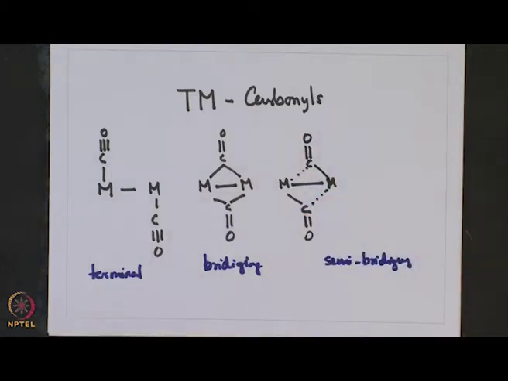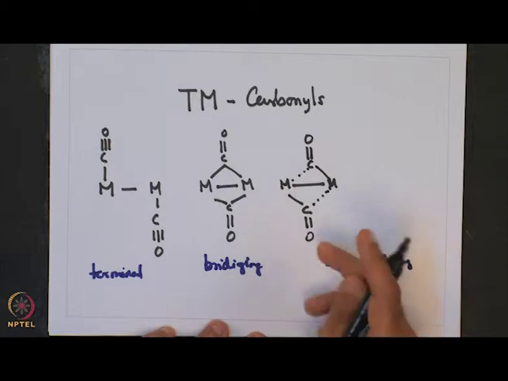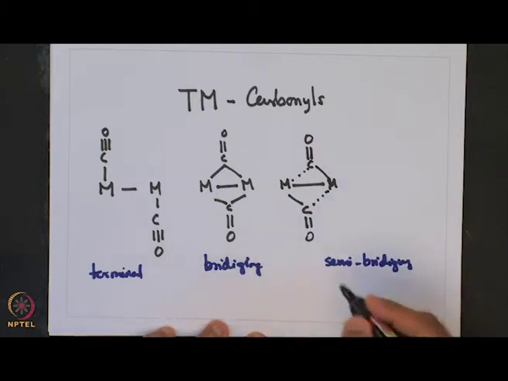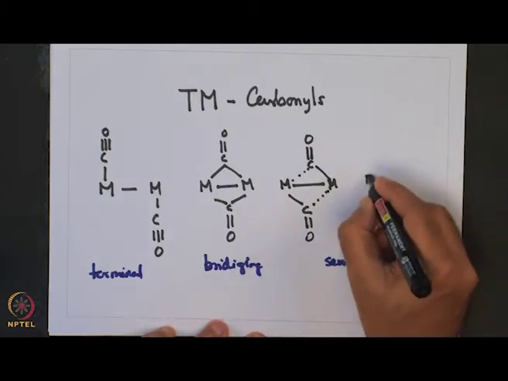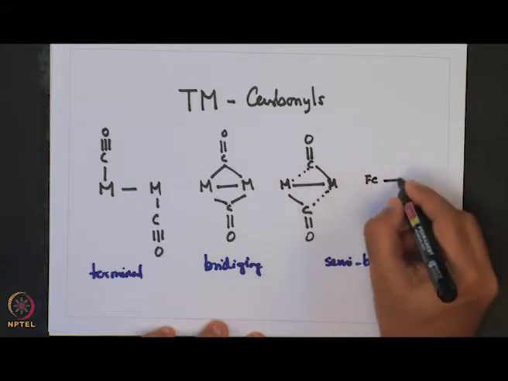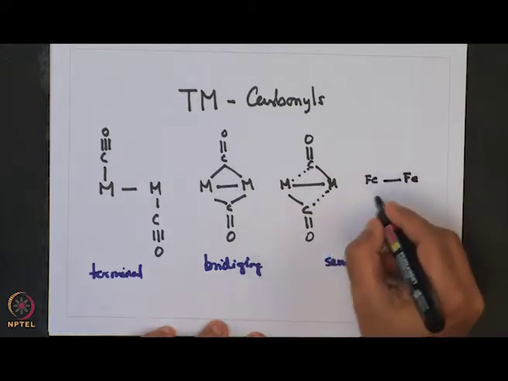Of the type this, and a very nice example of the semi bridging complex was achieved by binding a bipyridine ligand to an iron carbonyl compound.